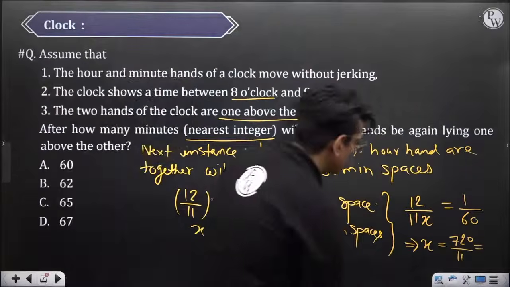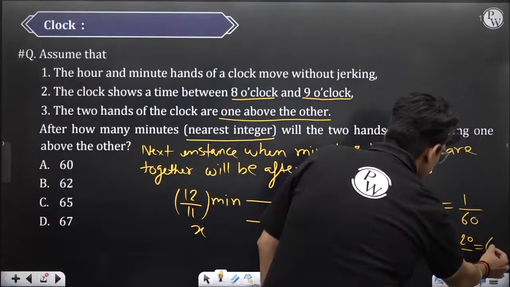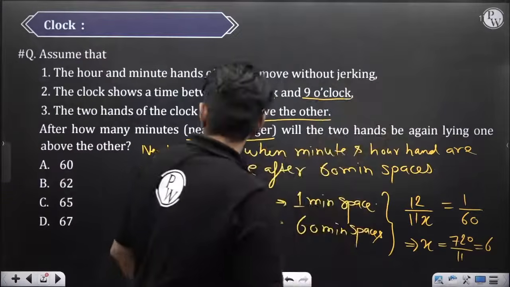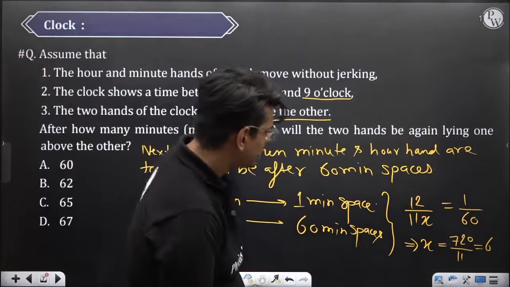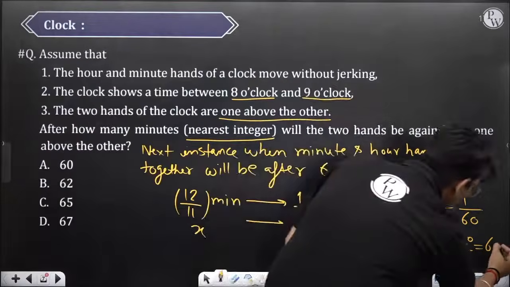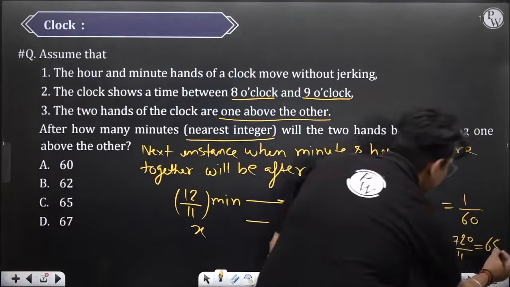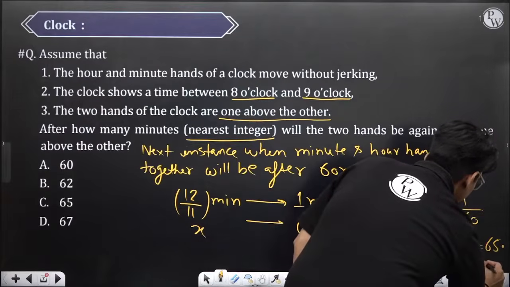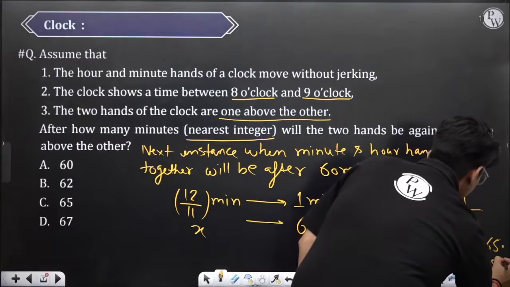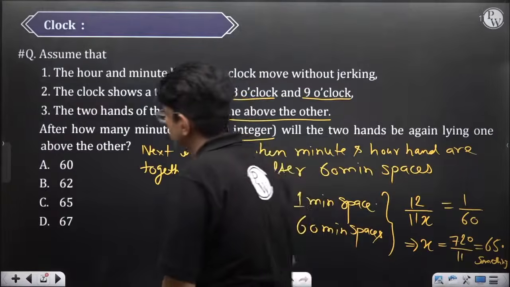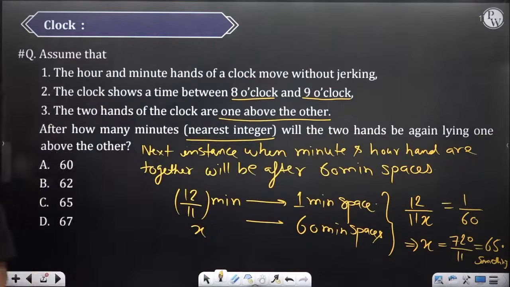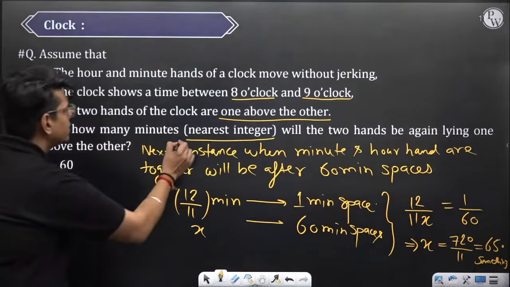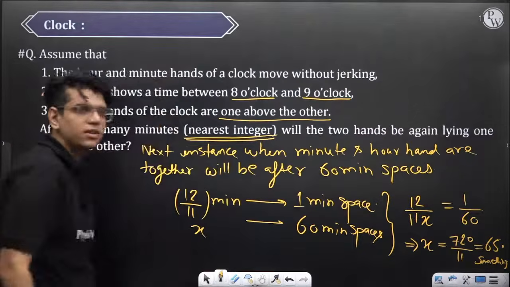You will get 6, right? After that, what? 66, then 60, 65 point something, right? Is there an only option? We have option C, because nearest integer is asked in the question.